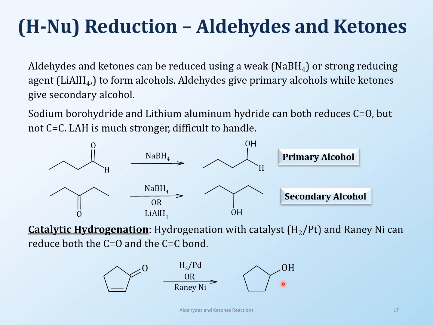So try to focus on the aldehyde and the ketone if you're reducing just that, and just use one of these two reagents. Because hydrogenation will reduce everything. It will reduce any other group also. So there's no point using hydrogenation as your reducing agent, unless you want to reduce everything, that's different.